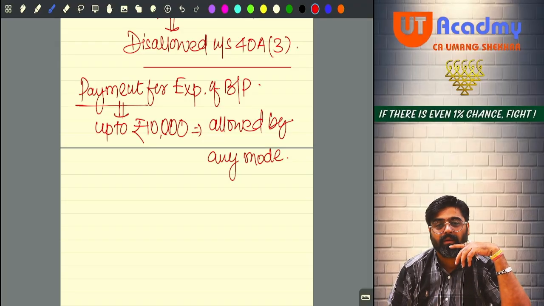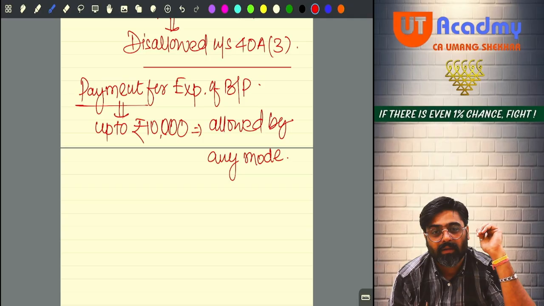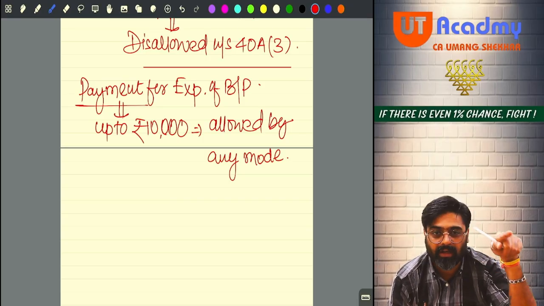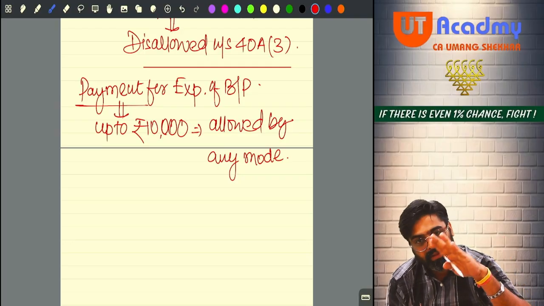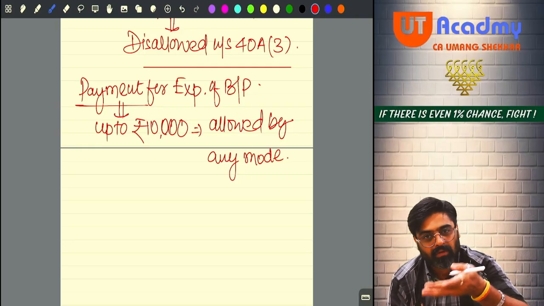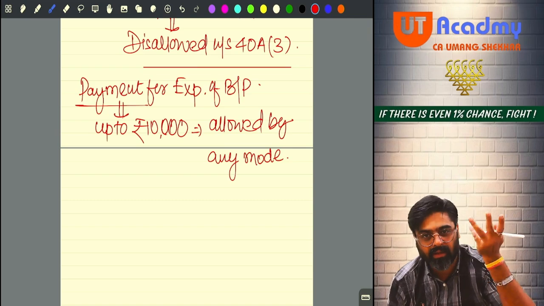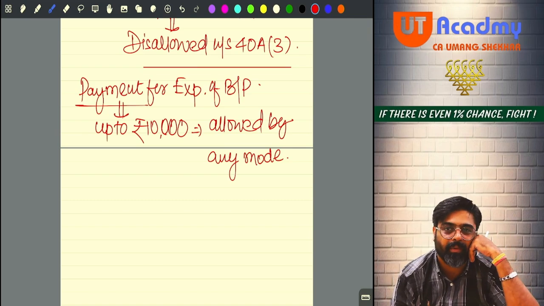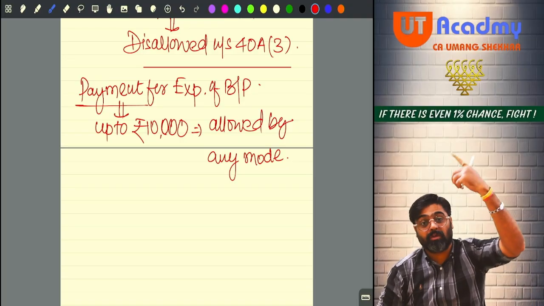Getting my point, sir? There in the actual cost also, no? Actual cost of the asset paid in a day, if that amount is 10,000 or less, no problem. That will be treated as actual cost. That will not be covered by the proviso. Getting my point? What if that payment for the actual cost was more than 10,000?